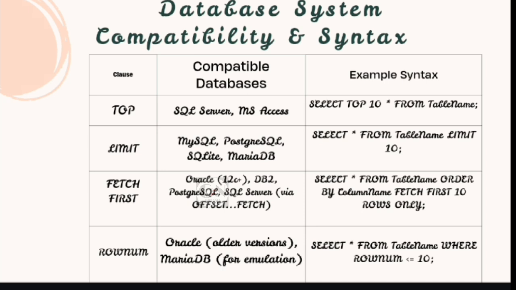Third is fetch first used in Oracle 12c plus, DB2, PostgreSQL, SQL Server via offset fetch. Syntax select asterisk from table name order by column name fetch first 10 rows only.